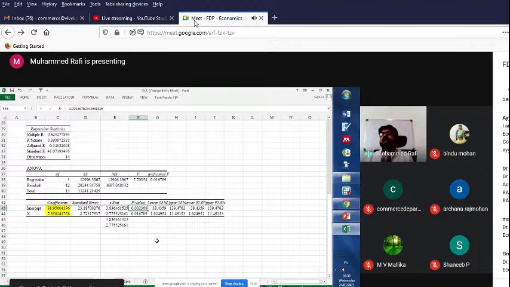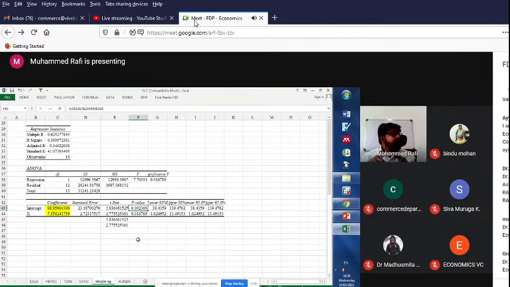So if you are looking at the 5% significance level, if your p value is less than 0.05, then you reject the null hypothesis, because that is in the rejection region. So if you plot this in the distribution table, then the p value, if it is less than 0.05, is in the rejection region.